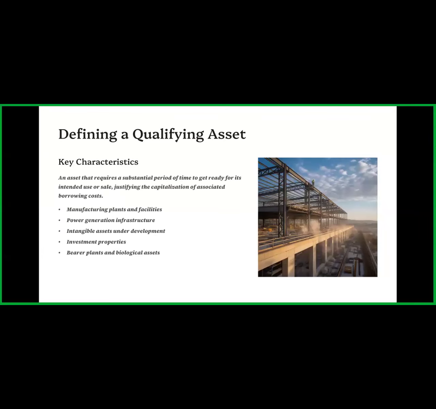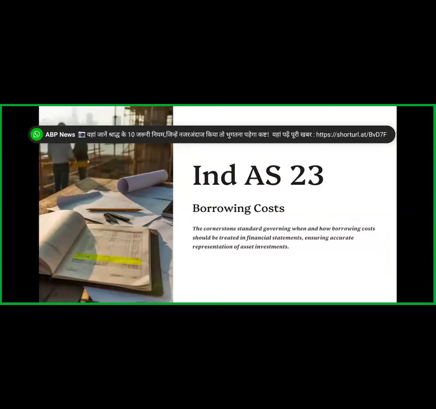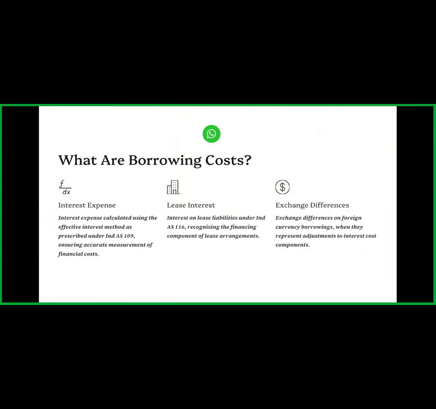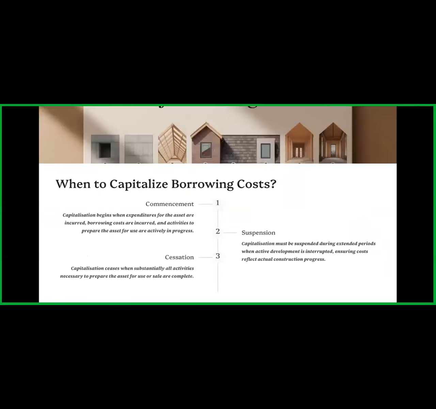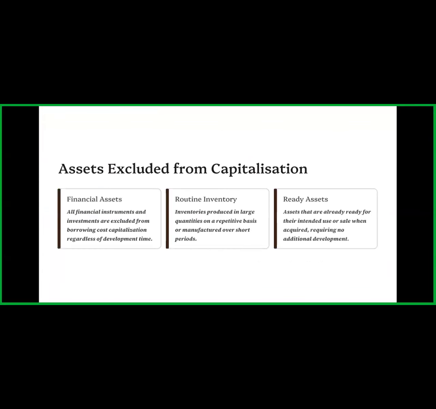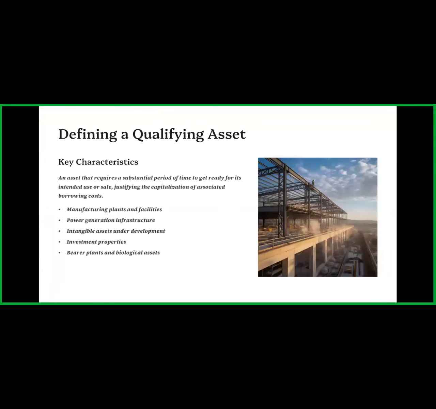So what is the concept behind the borrowing cost? Whenever the company raises a loan, takes any property or plant on lease, or takes any foreign investment, the company must invest all these funds in qualifying assets.